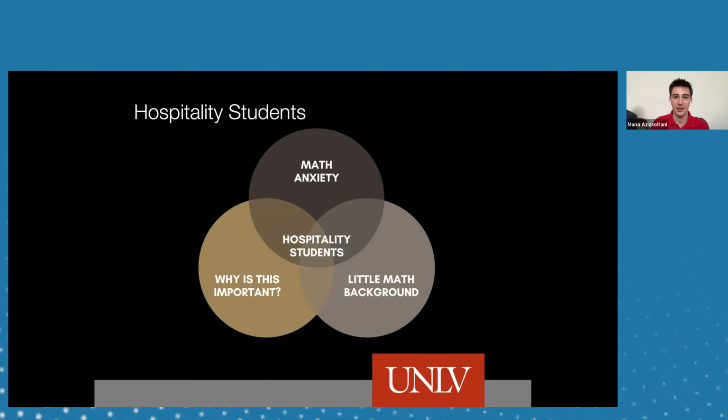It's been proven in many articles and studies that hospitality students, since hospitality considers itself part of the social sciences, and social science students have very high levels of math anxiety. That comes from the fact that something like 75% of social science majors have not taken math since age 16 when they start school.